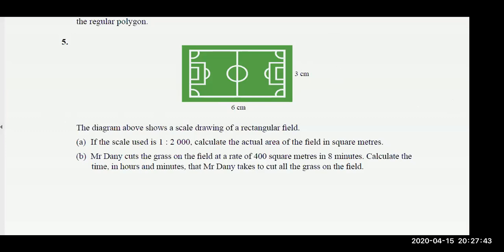The rectangular field is 3 multiplied by 6, right? And then the scale used is 1:2000. Calculate the actual area of the field in square meters, right?